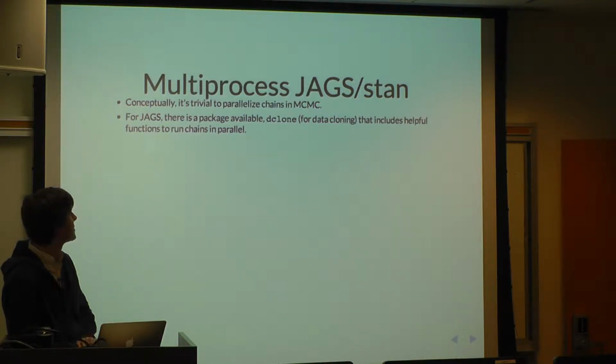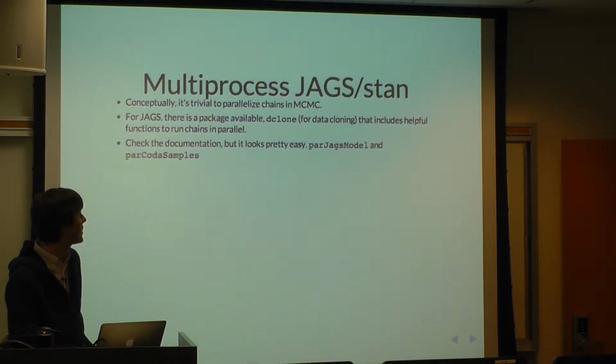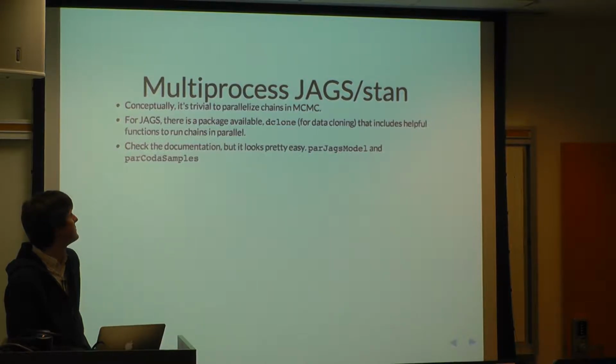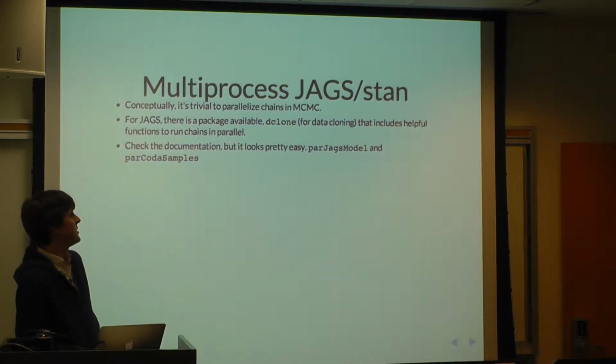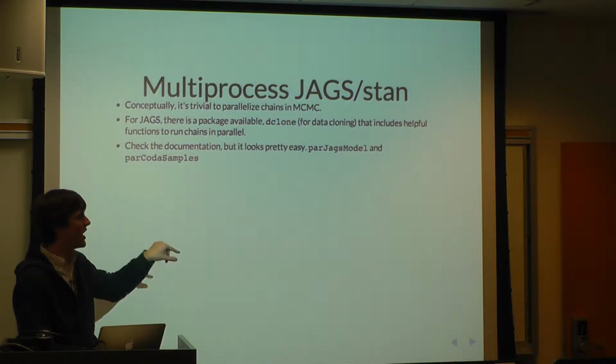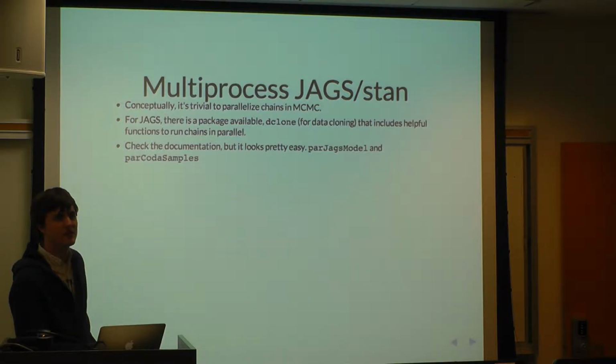There's a package dclone, which is for data cloning, and it has some nice helpful functions for you to run chains in parallel. I haven't used it, but it looks very easy. You just use parJagsModel and parCodaSamples instead of what you would normally use in JAGS, which I think is all lowercase, right? It's jags.model, isn't that right? I don't know, Pablo, you use this much more than I do.